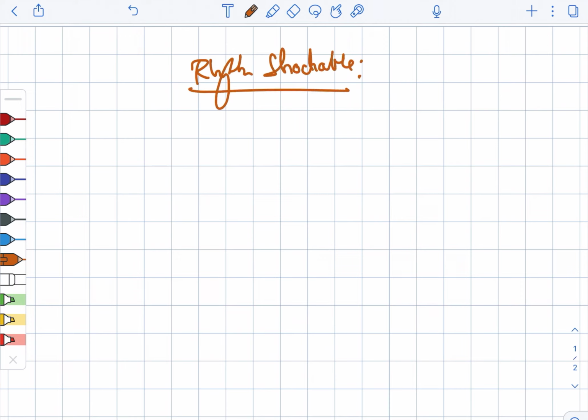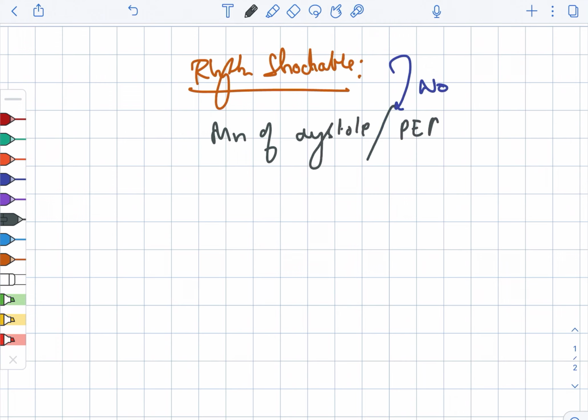If it is no, we go to the management of the asystole or the PEA. In case the rhythm is shockable, yes, then we again do defibrillation along with the CPR.